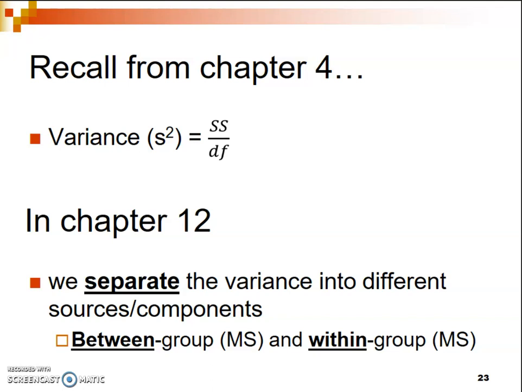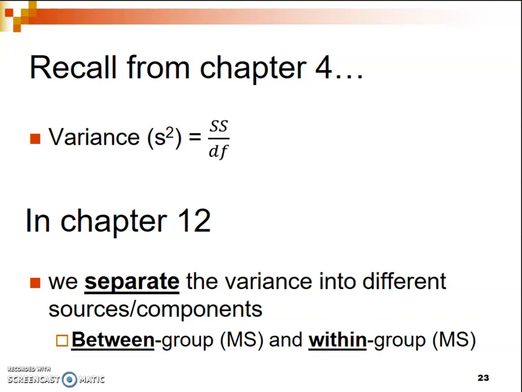So again, in chapter 12, we're actually separating out our variance from the different sources. Wherever the variance is coming from, we're separating the differences in people's scores into two different components.